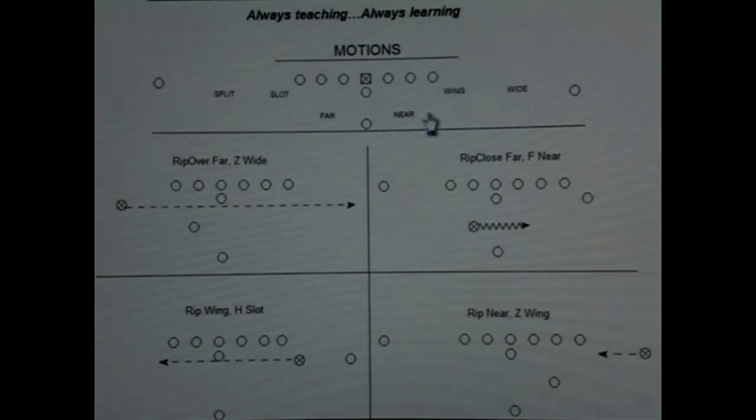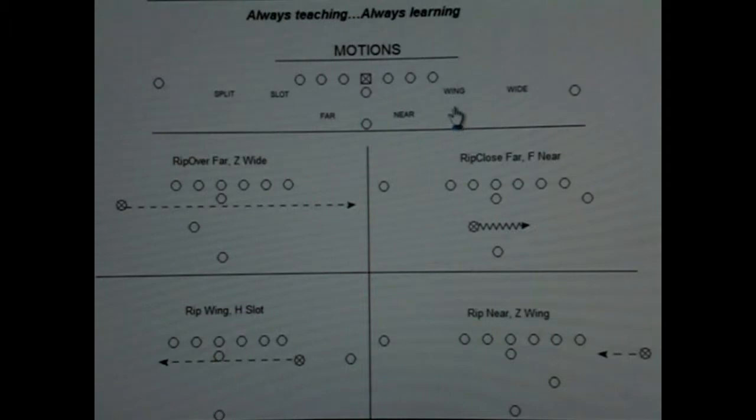Okay, now here's what I like about this, and I'm sure other people are doing this. I just haven't seen anybody do this. Typically, you tell the player that you want to go in motion, and he goes in motion, and you have some kind of code word to send him across the formation, or maybe to keep him on the same side of the formation, or have him motion out.